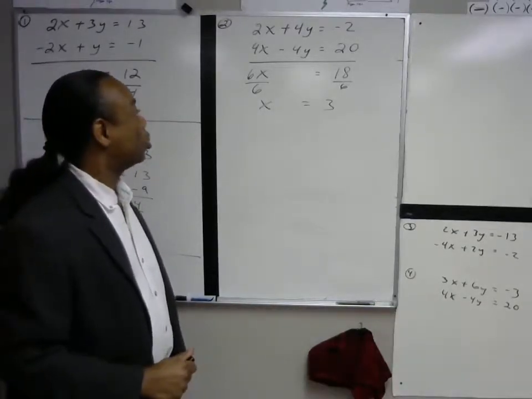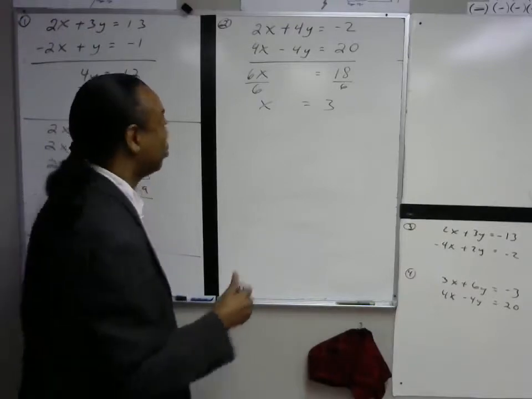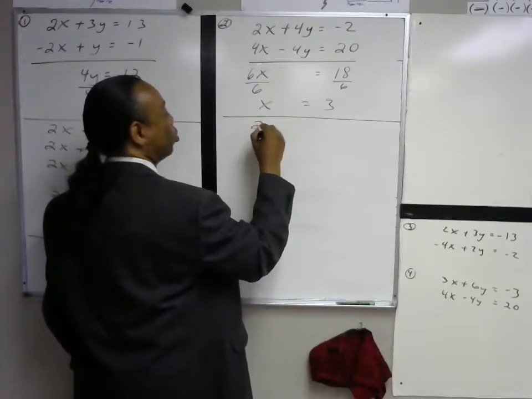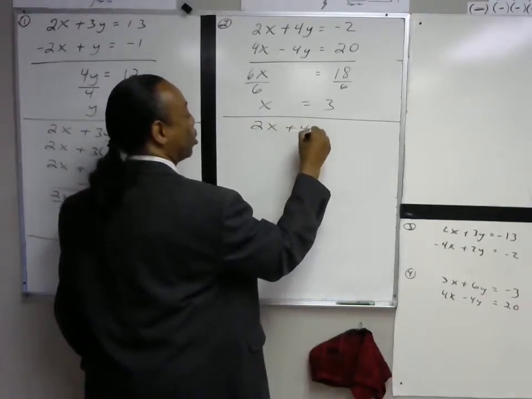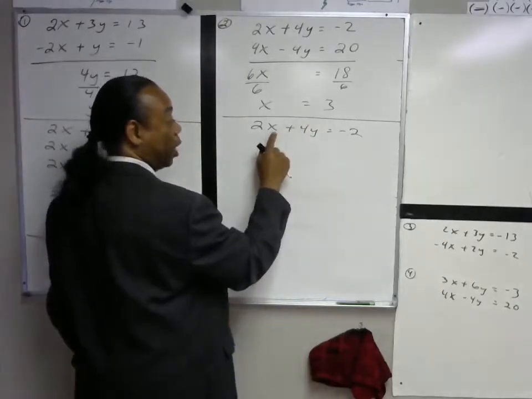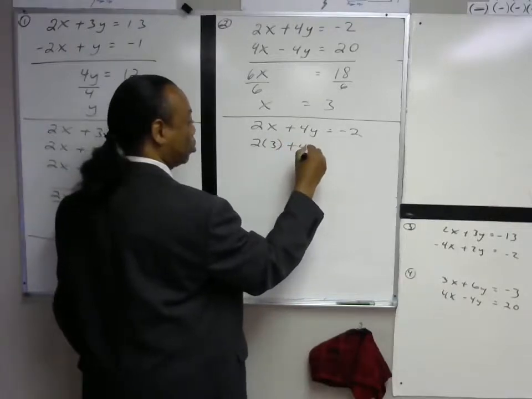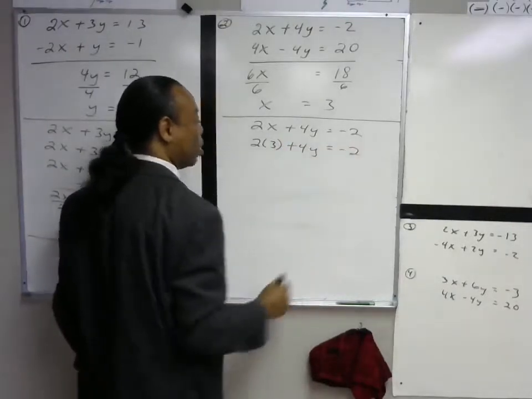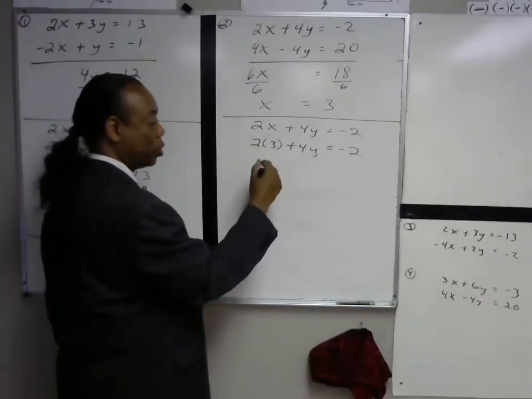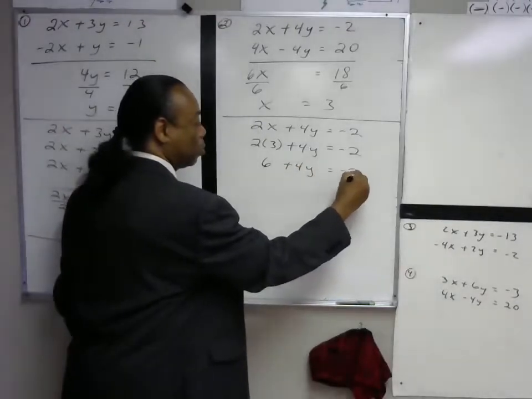Okay. So now I'm going to find out what y is using substitution. So let's go with 2x plus 4y equals negative 2. And for x, we're going to put in the positive 3. Now, multiplying the 2 and 3, we'll get a 6. Plus 4y equals negative 2.